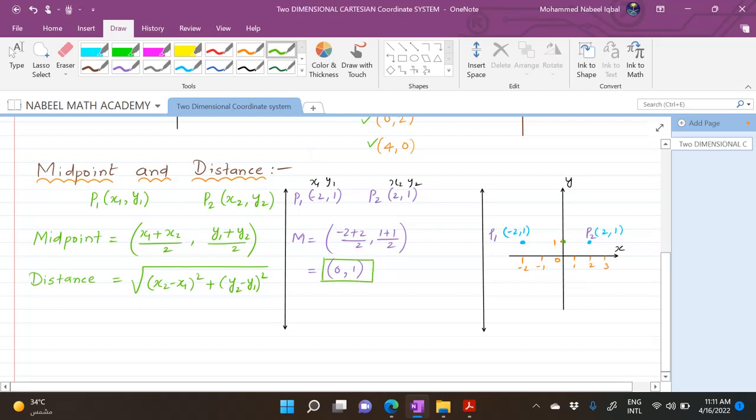This is my (0, 1). By seeing it itself we can say this is the midpoint of the two points.